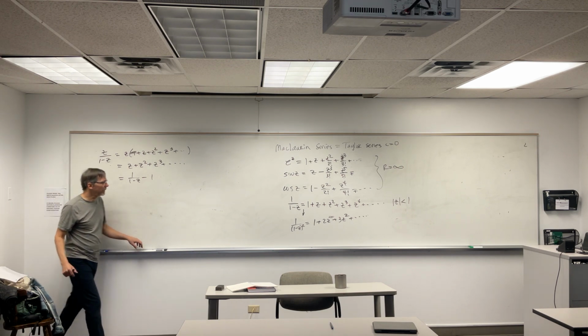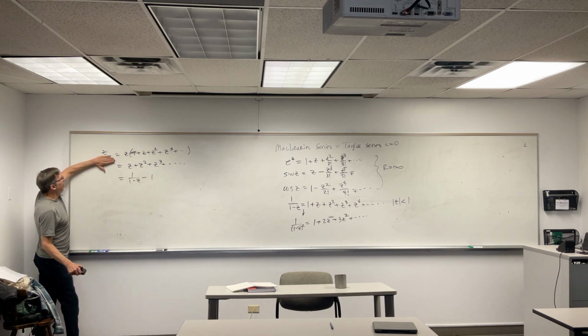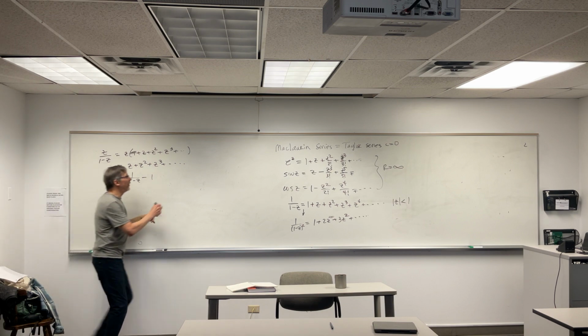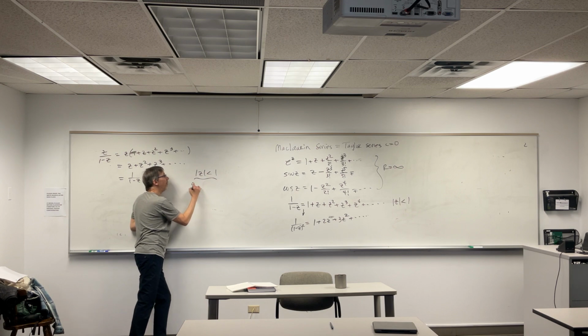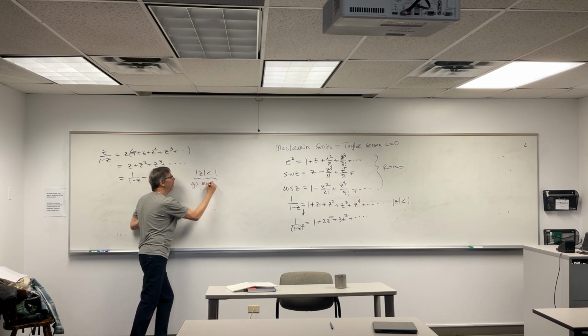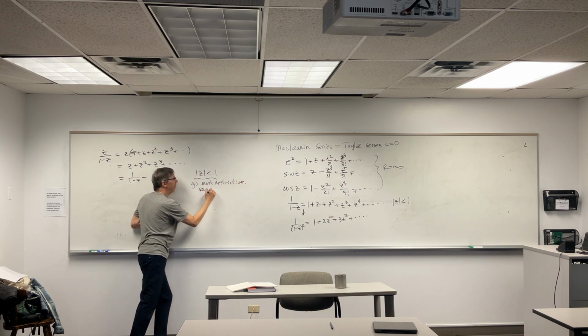Radius of convergence. Well, the top series is just z. That's good for everything. That's barely a series. The bottom one had a radius of convergence of 1, so here again our radius of convergence is 1. I'm going to go for the most restrictive region of convergence.